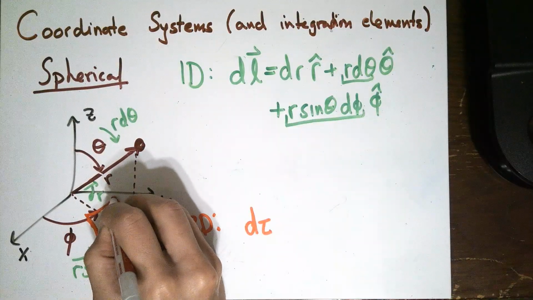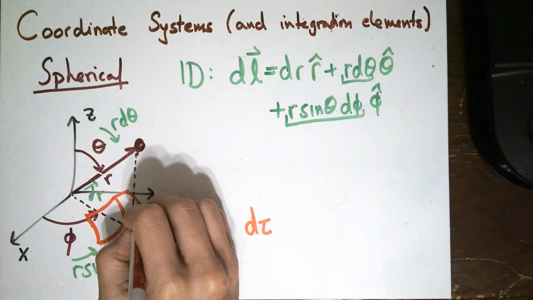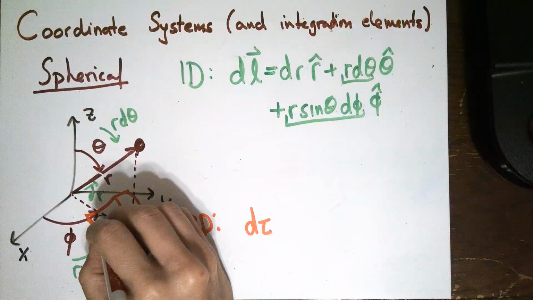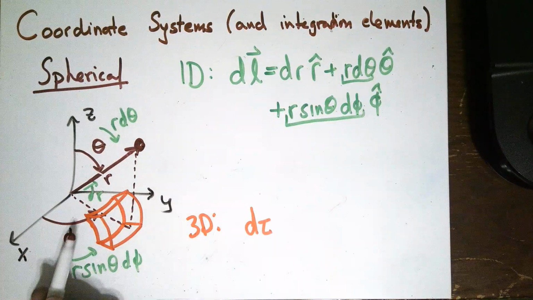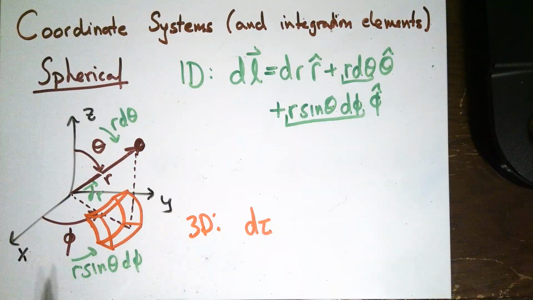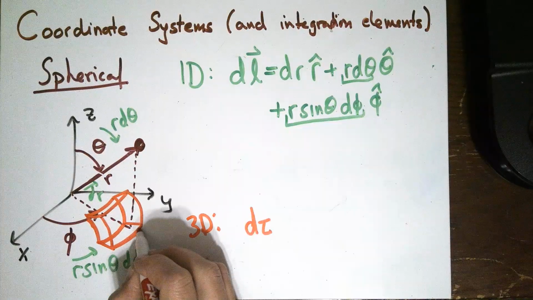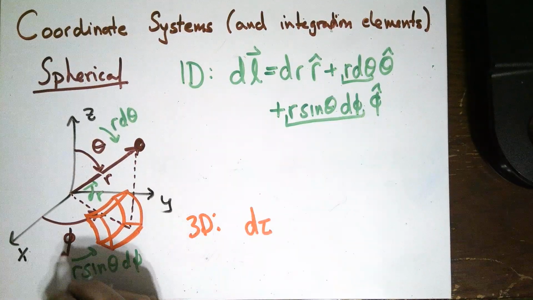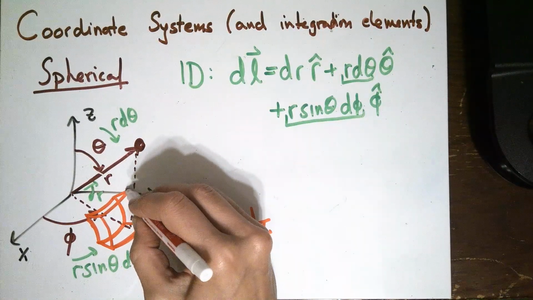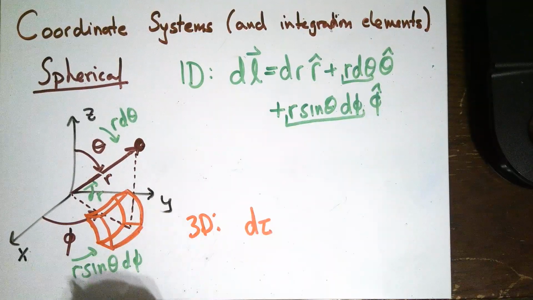So here's sort of the back of my element, and then it would go out in r, curve down like that, out in r, curve around like this, up and over. So it would be curvy on two sides, and each of these side lengths would go with their element. So this one down here that walks around in phi would be r sine theta d phi. This one here would be r d theta, and this guy here would be dr.